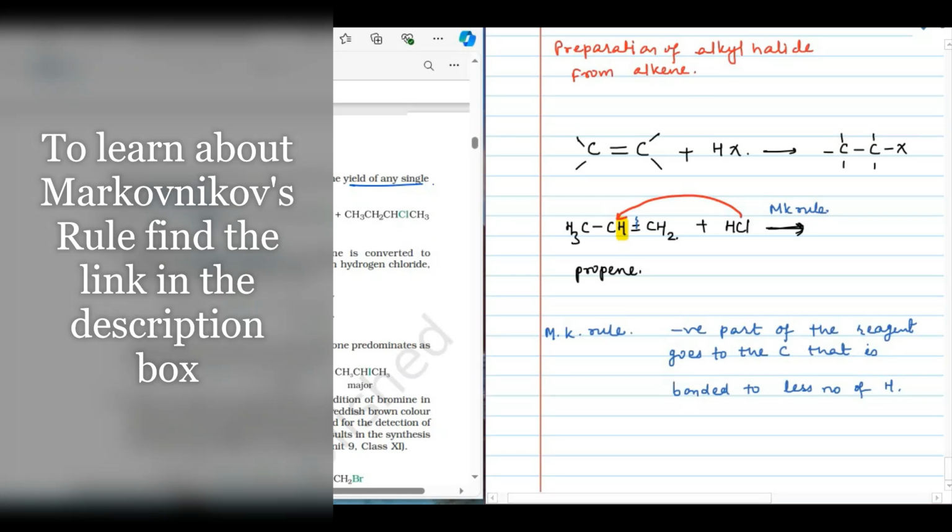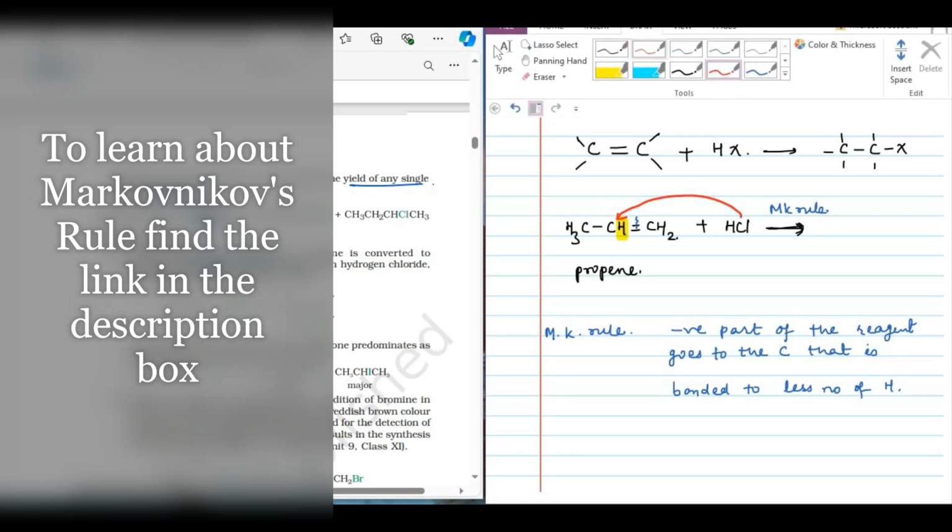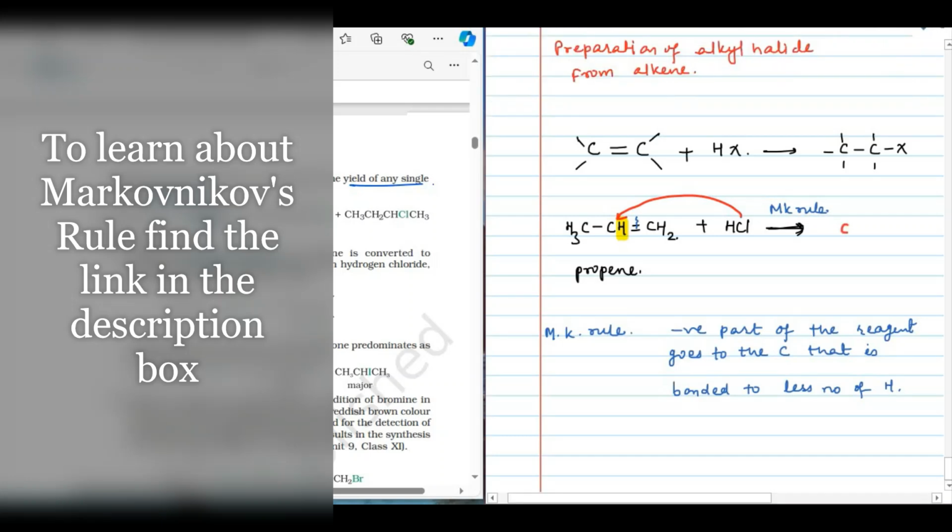So here you will get the product CH3 single bond CH single bond CH3, and here Cl will get attached to the second carbon and H will get attached to the first carbon.